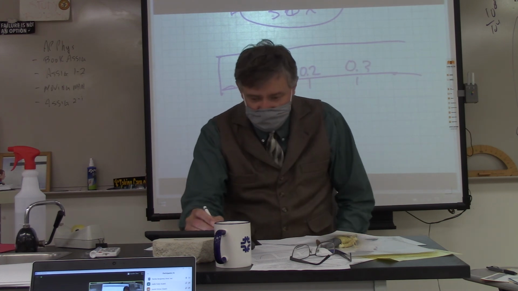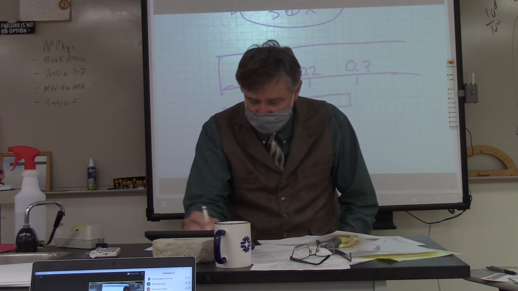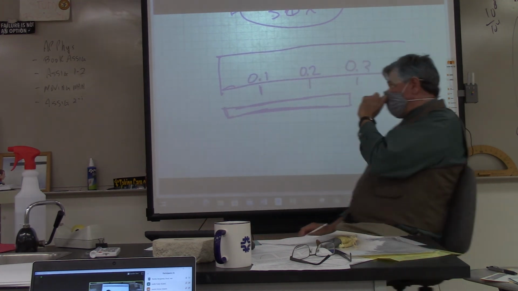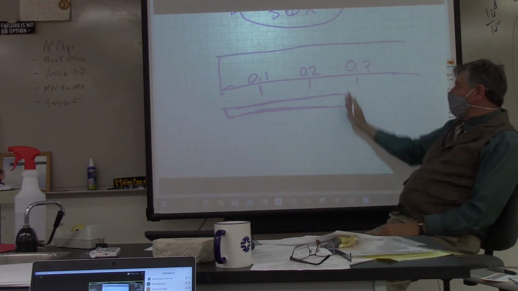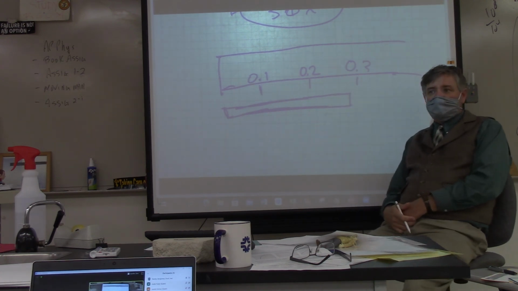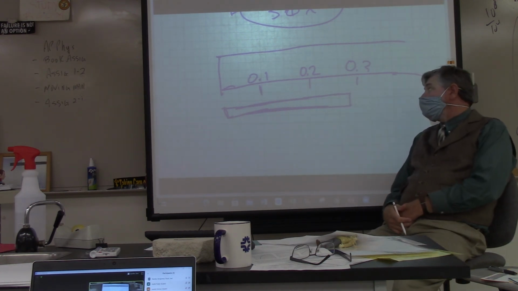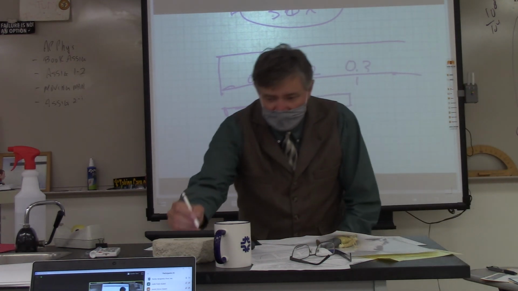And you're going to measure a chunk of wood that's like this long. So, here's your measuring device, here's 0.1, here's 0.2, here's 0.3. What would you say the length of that stick is? 0.28 or 9. Okay, right? Call it 0.28, okay?